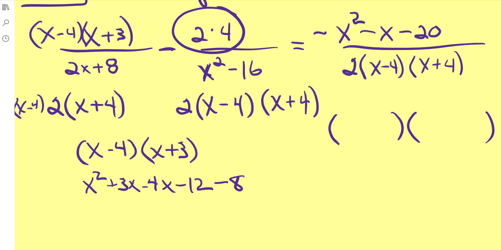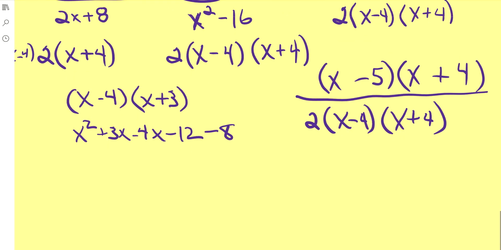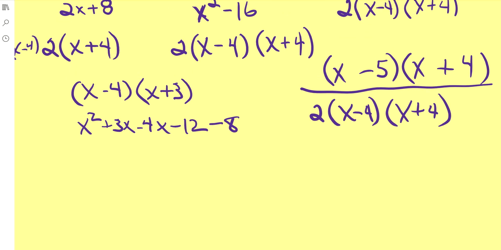This is going to be x minus, plus, and what are my two numbers going to be? Minus 5 plus 4 gives me that negative 1 in the middle. And I'm going to put that over 2 times x minus 4 times x plus 4. And now we're at the point where we can say, hey, what can cancel out? So I can simplify.